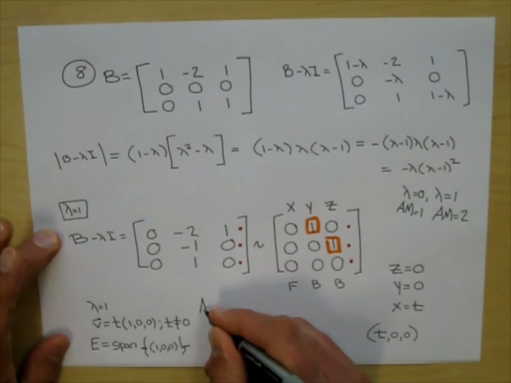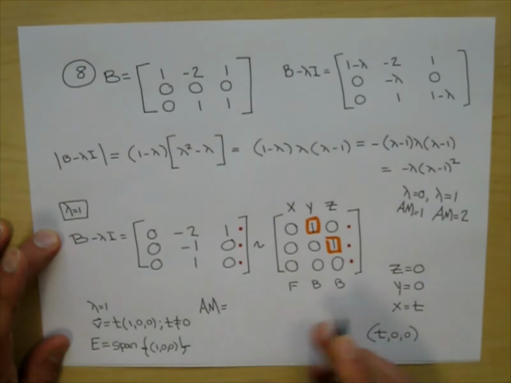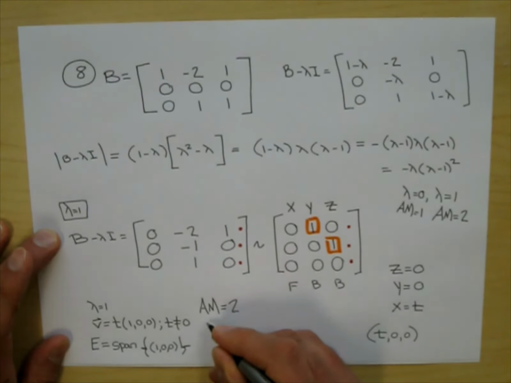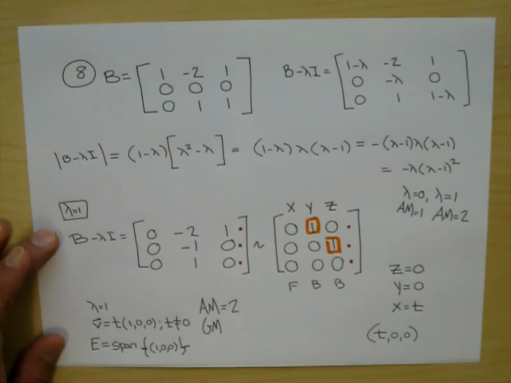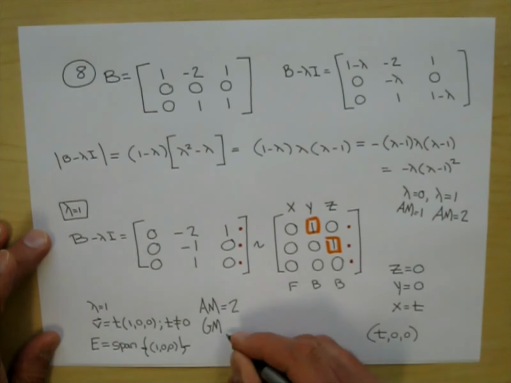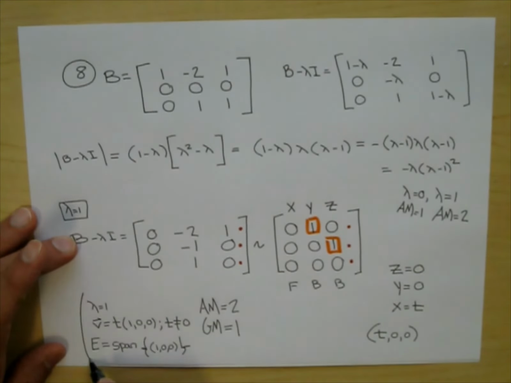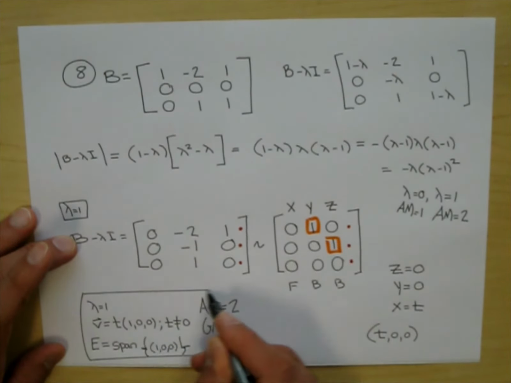The algebraic multiplicity, so I'm kind of doing these in this order here. I'm doing this one first. It was 2. The geometric multiplicity of this one, well, the dimension of the eigenspace is 1, so the geometric multiplicity is 1. So there's the information for that one right there.